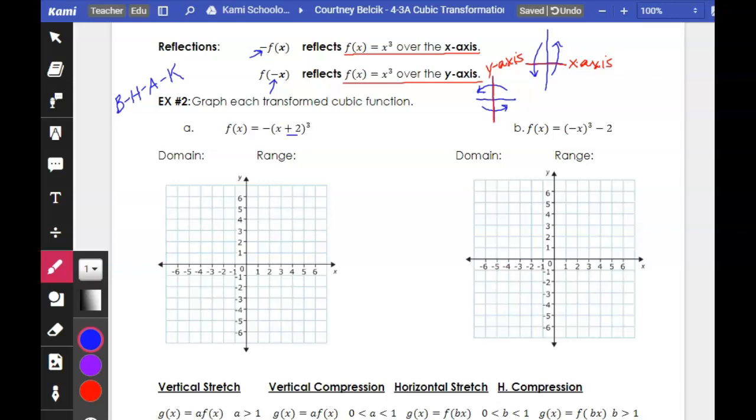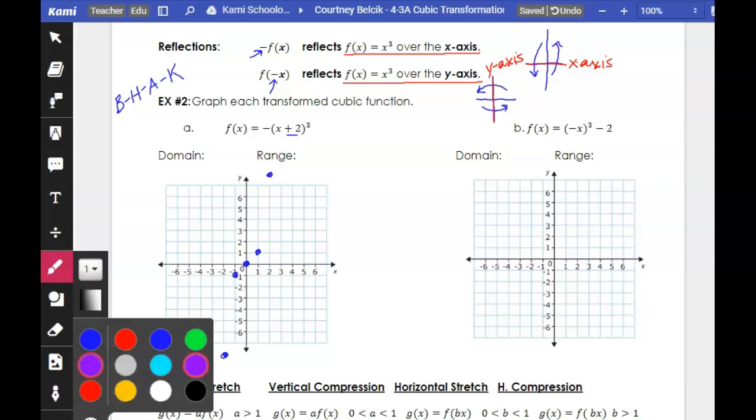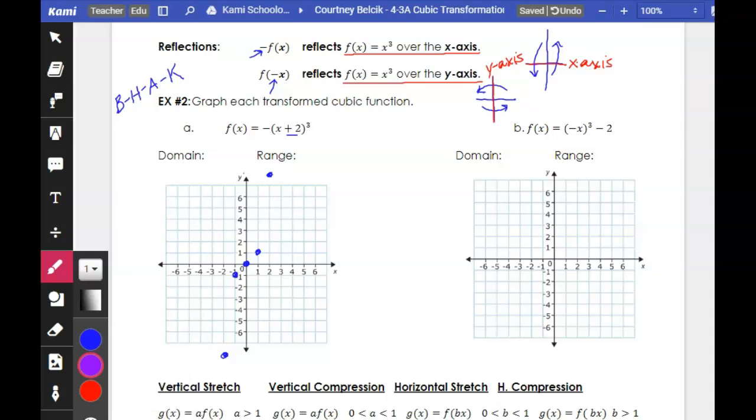So here's my original parent function points. And I'm going to change colors here. I'm going to shift this 2 units to the left. So everything gets shifted over 2 units.